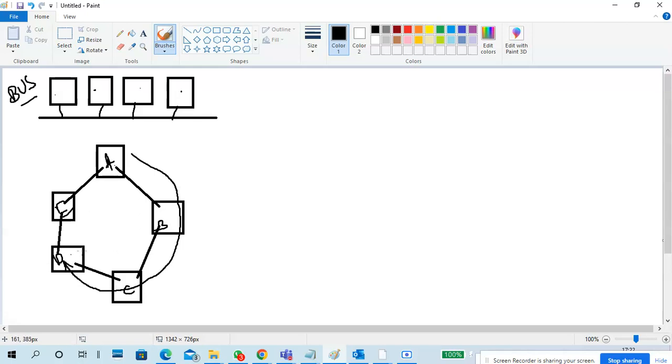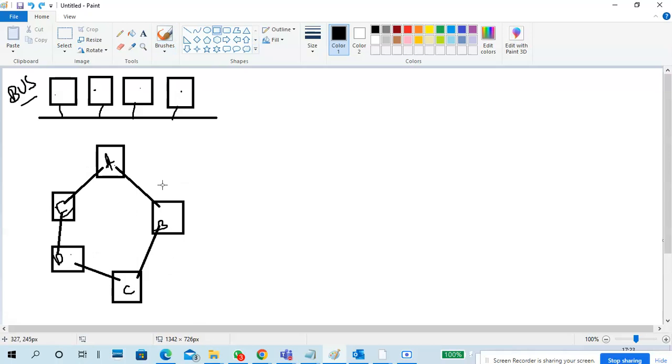If D wants to communicate with A, D sends a packet to E and E sends it to A. It is either clockwise or anti-clockwise. For example, C sending to B goes C to D, D to E, E to A, A to B. So traveling of packets becomes difficult, and scalability is very difficult.